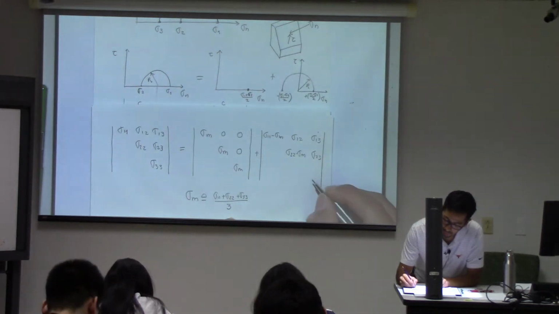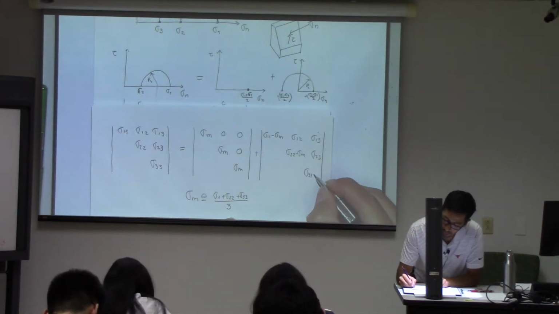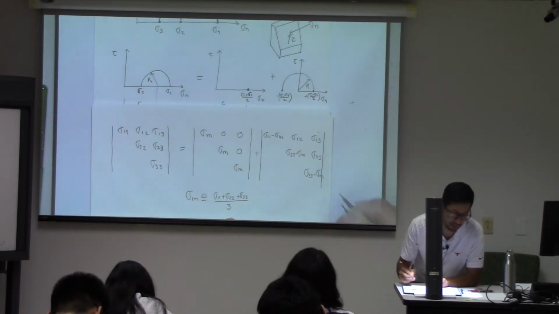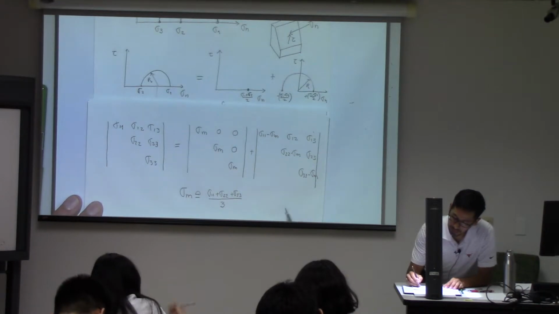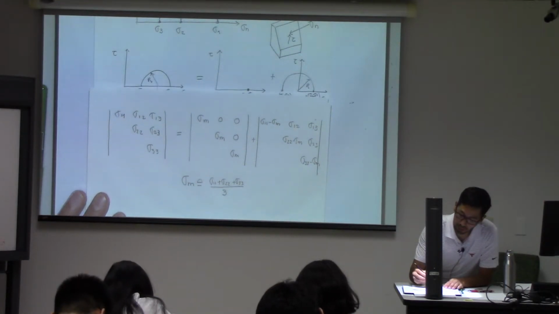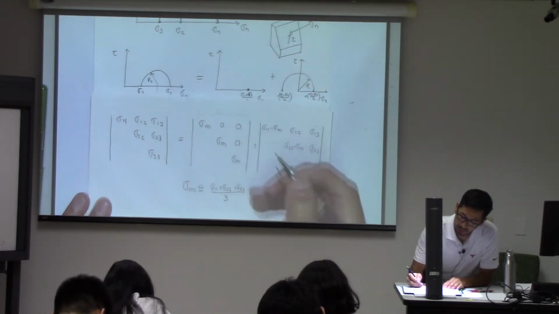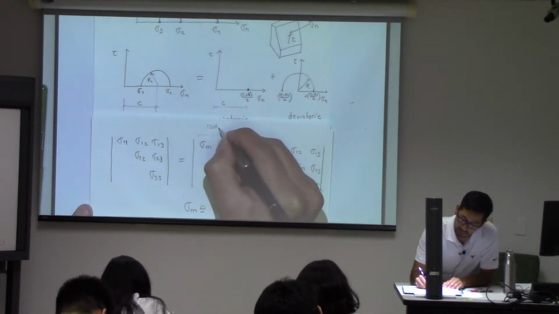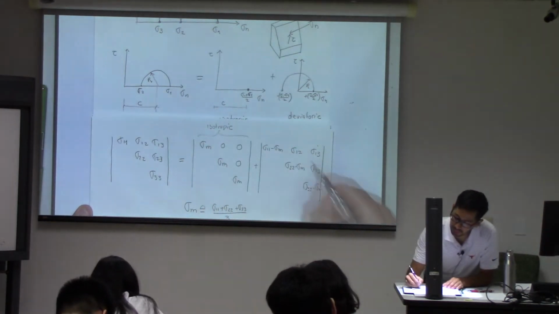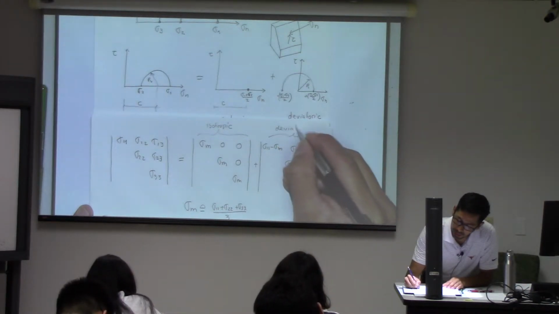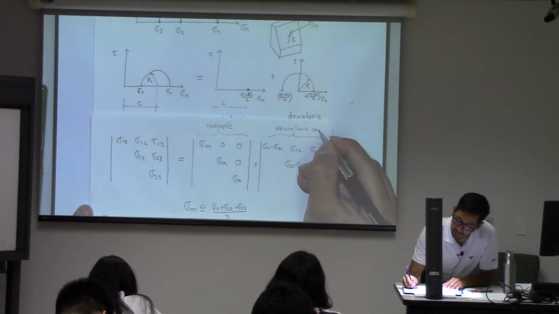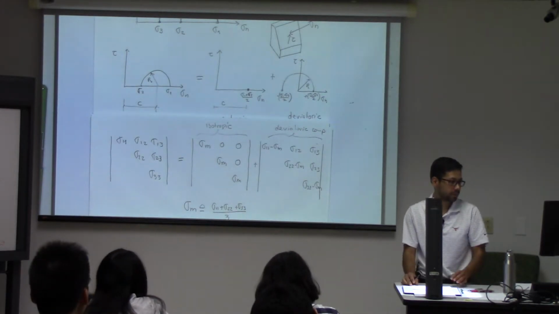Sigma 2,3. Sigma 3,3 minus sigma m. And same as before, this is going to be the isotropic component, and this is going to be the deviatoric component.